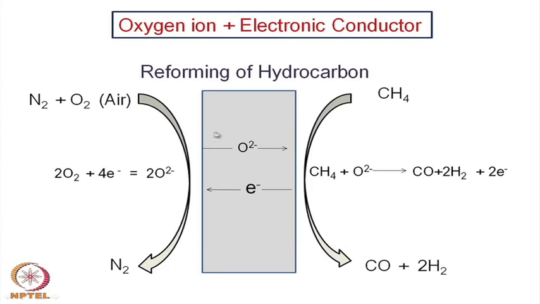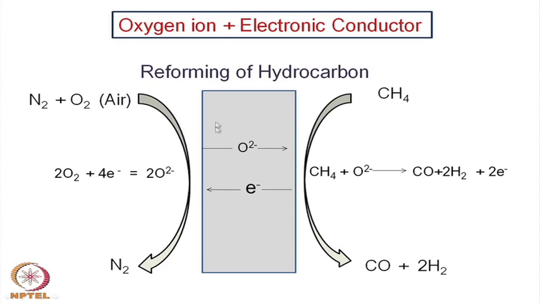So, there is no EMF generated, no impressed EMF from outside. On its own the charge is getting transported through the material, and the driving force is basically oxygen potential, higher oxygen potential on one side and lower oxygen potential on the other side.